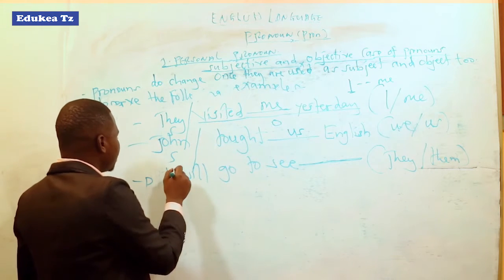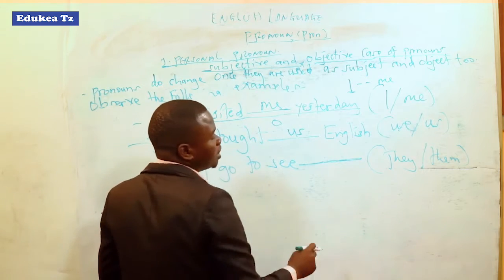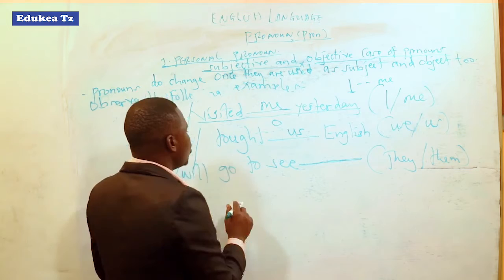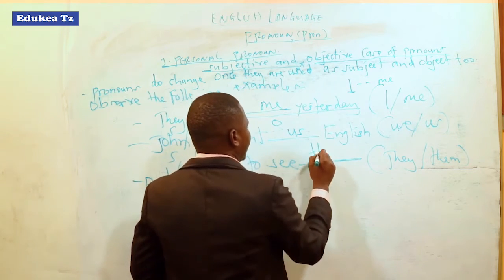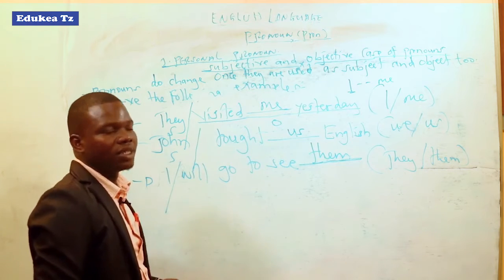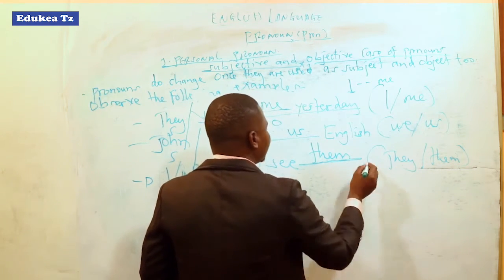Our subject ends here in I, while the remaining part is the object. Then our sentence will become, I will go to see them, since this they is now used as object.